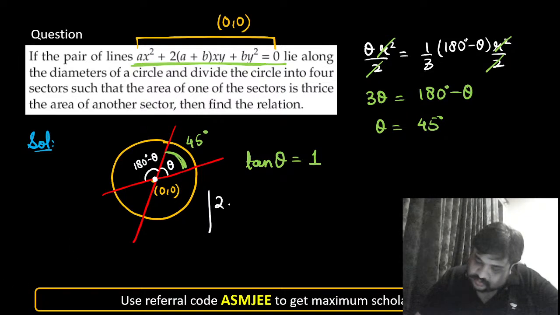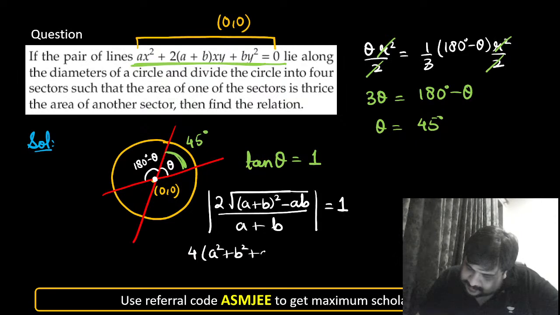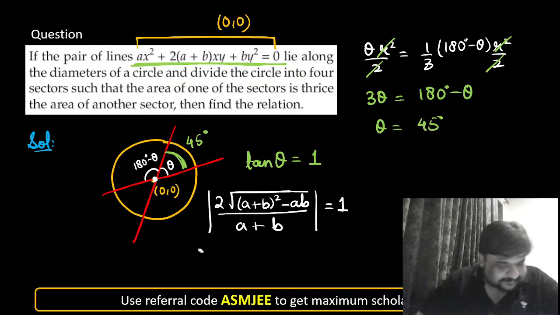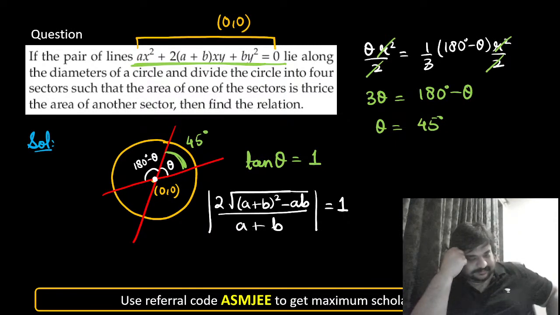So 2 root h square minus ab upon a plus b is equal to 1. Now you can square it. Cool, right? Yes or no?